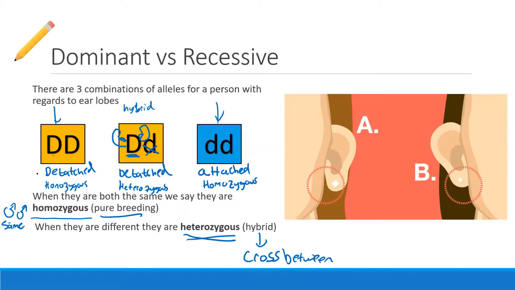So when we've got D and D, they're the same. Lowercase d, they are the same. Homozygous means same. Heterozygous means different. Hybrid. Heterosexual means a man that loves the opposite sex, or a woman that loves a man.